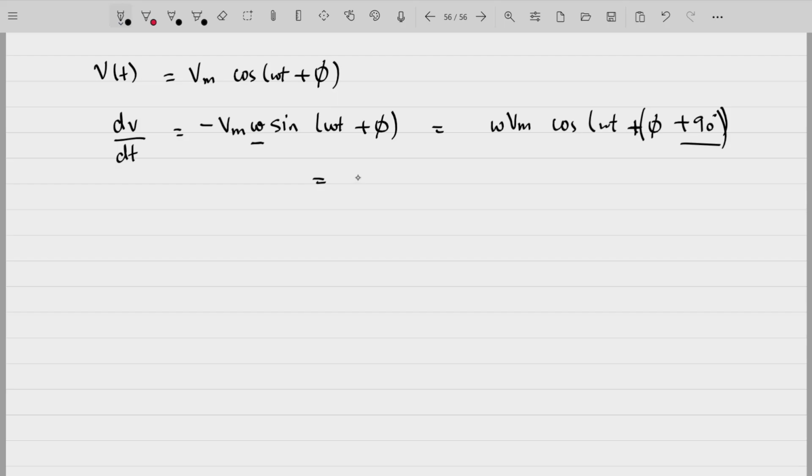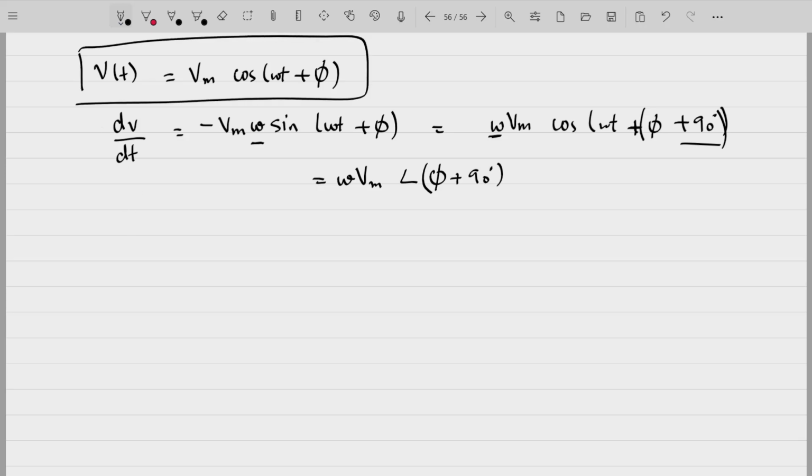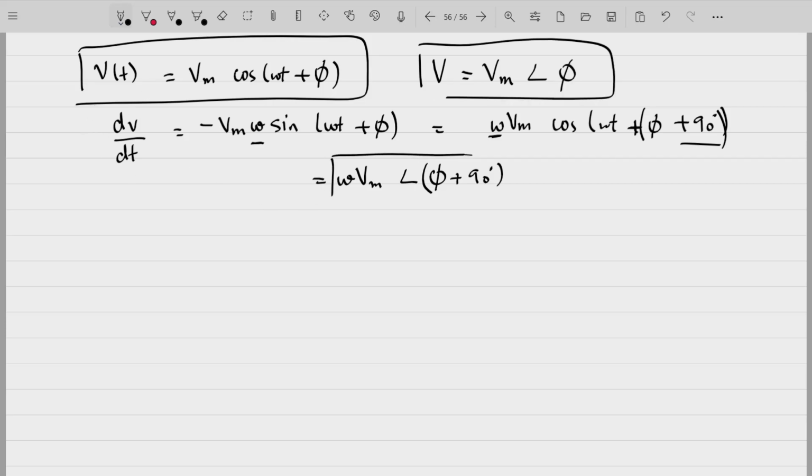So in the phasor form, this will be represented by Vm angle phi plus 90 degrees, and omega is also there here: omega Vm angle phi plus 90 degrees. The original Vt was Vm cos of omega t plus phi, so the original V was Vm angle phi. Once we differentiate Vt, we find that the new phasor representation is omega Vm angle phi plus 90 degrees.